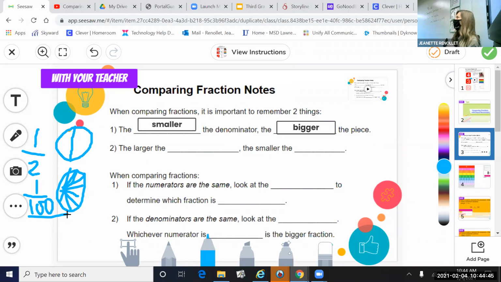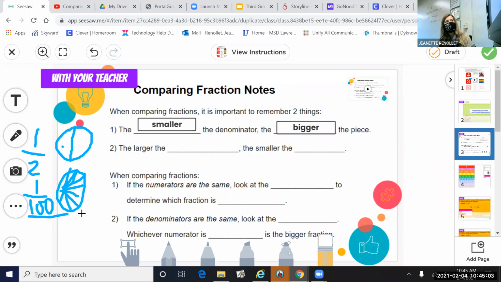You know this when you have to share something. If you have to share something with one person, you get more than if you have to share something with 5 people, right? So the smaller the denominator, the bigger the piece. Let's keep going on to our second one.